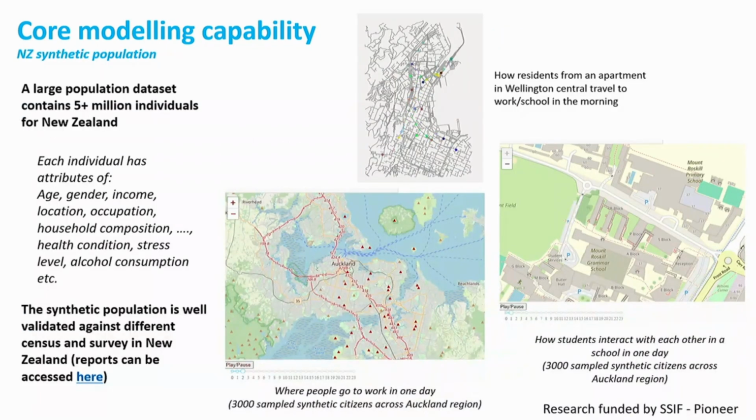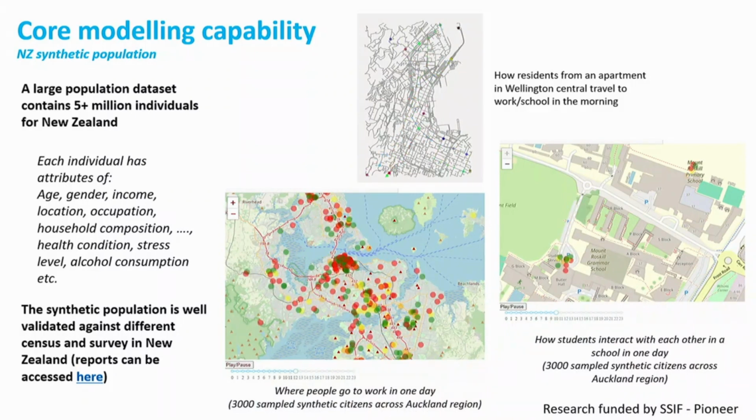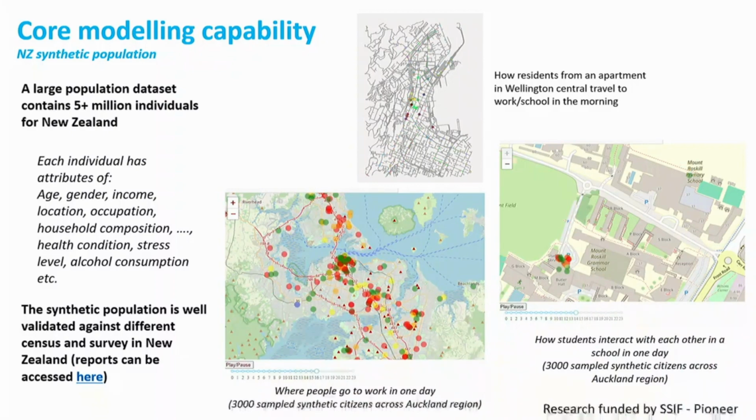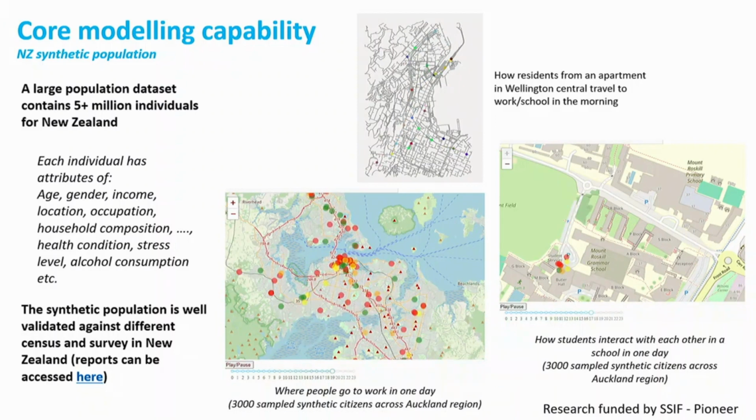One of the foundations for this model is a New Zealand synthetic population. It's a very large population data set we created through this project. It contains 5 million plus individuals for New Zealand. And each individual, as I mentioned, is just like any of us. We work together, and probably in the model now, some of them are attending an AI conference somewhere in Auckland, I don't know.